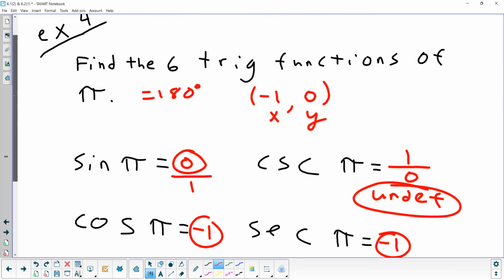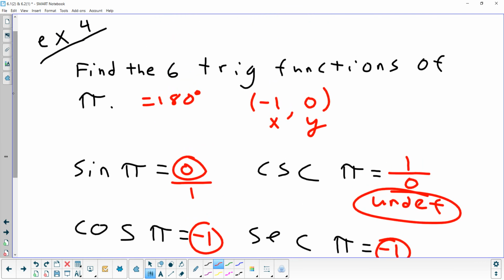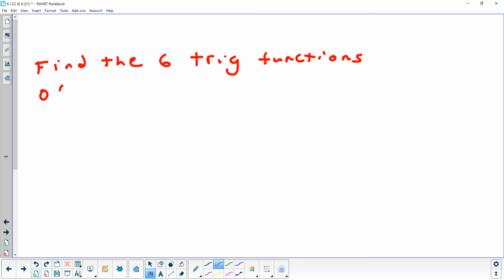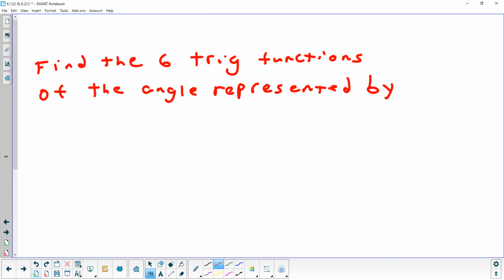Now, another way you could see this problem that would be a little bit easier would be like this. We're not going to do it because we just did this problem. Find 6 trig functions of the angle represented by -1, 0.